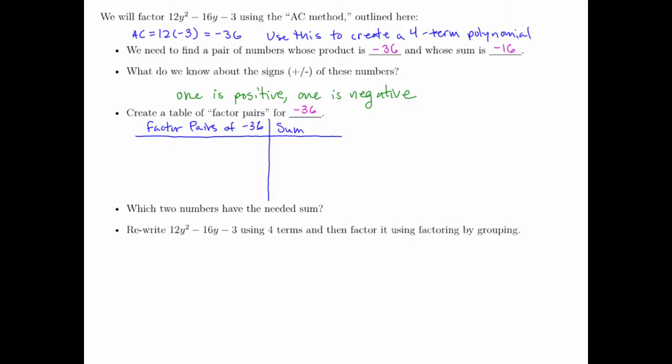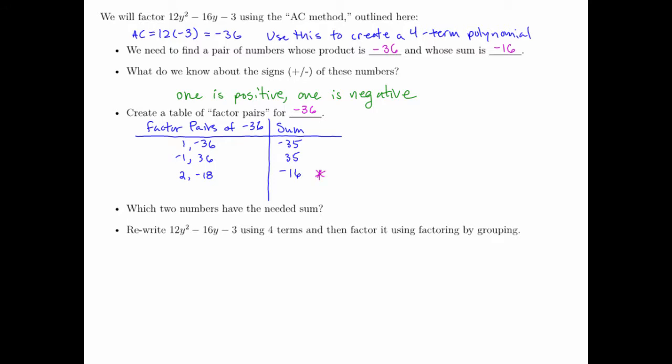So factor pairs of negative 36. We could have 1 and negative 36. That would give us a sum of negative 35. We could also have negative 1 and positive 36, which would give us a sum of positive 35. We could have 2 and negative 18, which would give us a sum of negative 16. And that's actually the one we want.